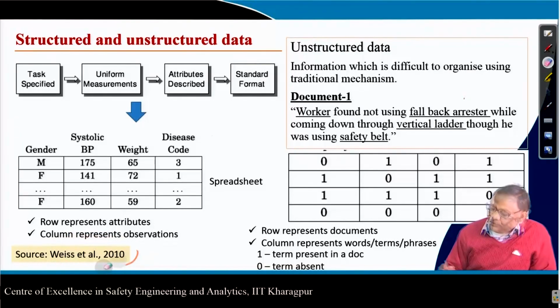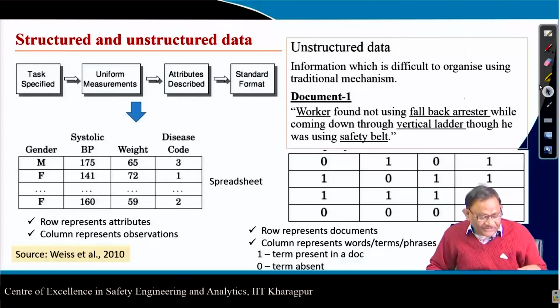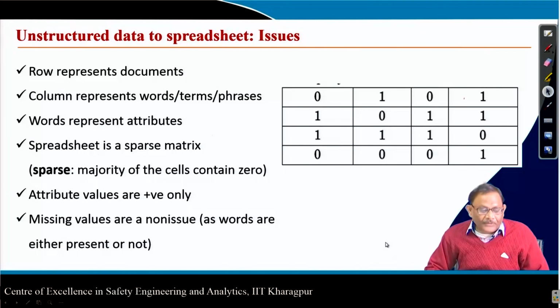Those who are interested in going into more detail, this is a wonderful book, and you can understand it after going through this week's lectures. If you read this book, I am sure you will benefit.